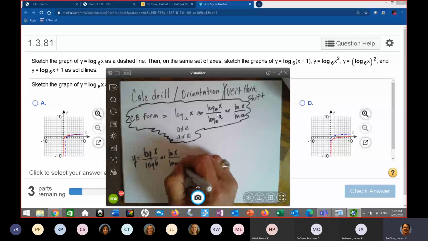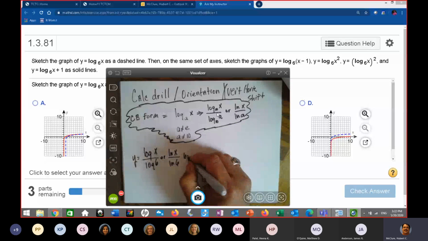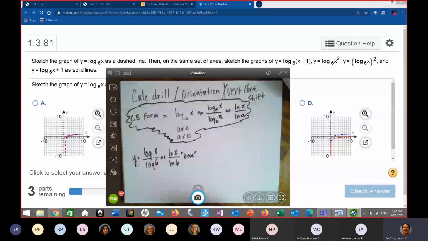This is your base graph that they are wanting you to compare everything to. So everybody take your graphing calculator right now and put in log of x over the log of 6, or the natural log of x over the natural log of 6.